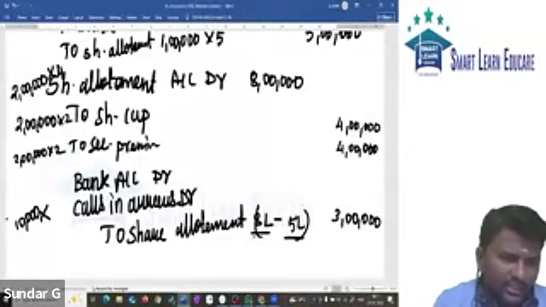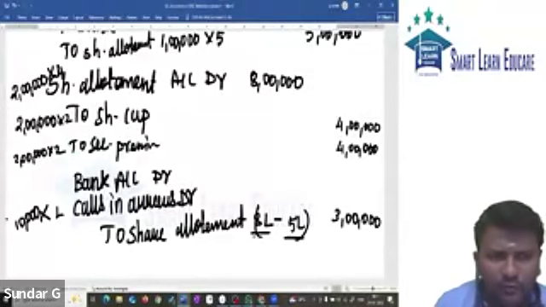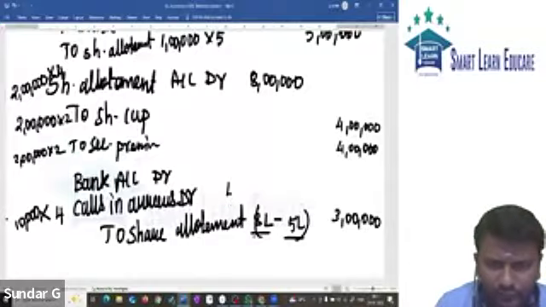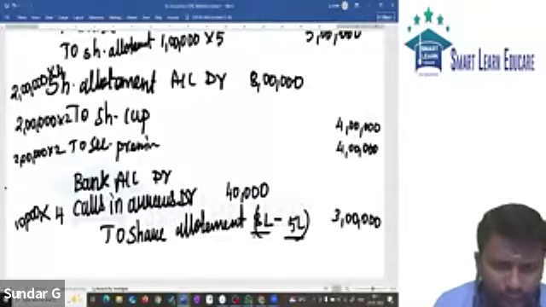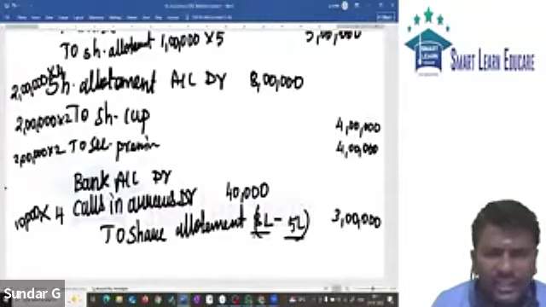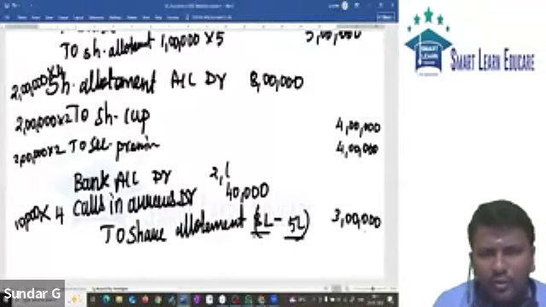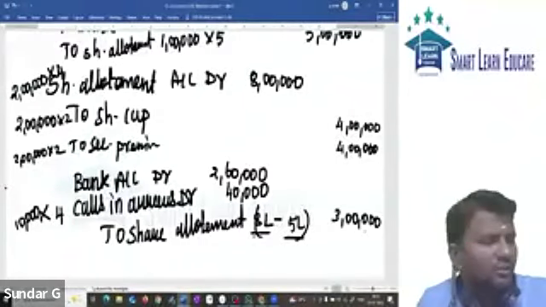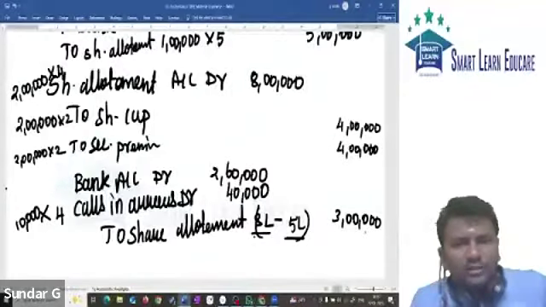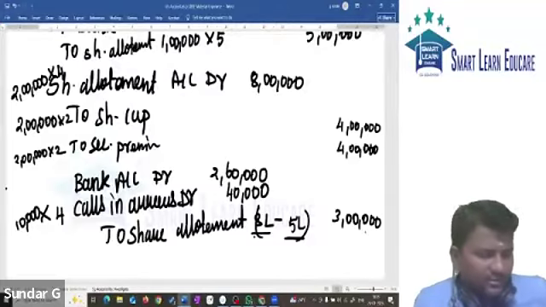So on 10,000 shares he failed to pay how many rupees? 4 rupees. That is in arrears. So 10,000 into 4, 40,000. Bank: we can also arrive at it as a balancing figure. 3 lakh minus 40,000 will give you 2 lakh and 60,000.